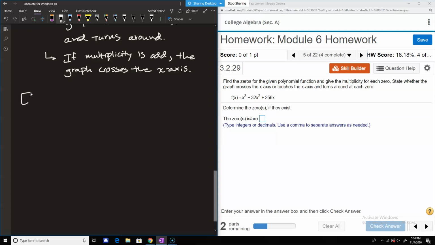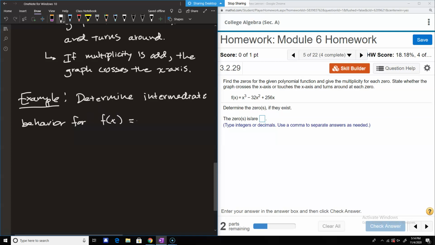So, example. What are the instructions roughly here? Determine intermediate behavior for f of x equals x cubed minus 32x squared plus 256x.